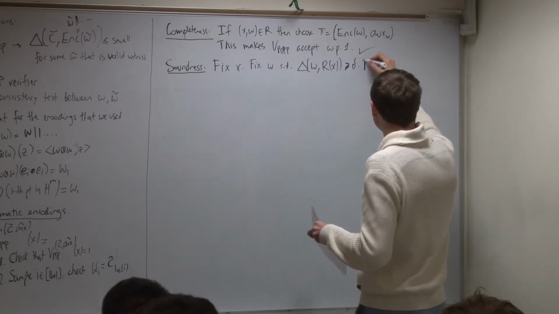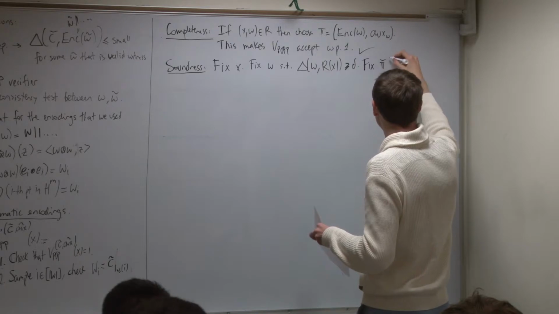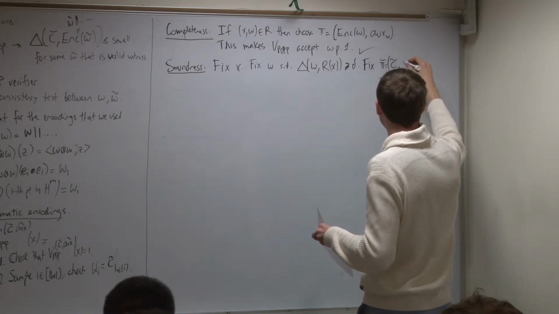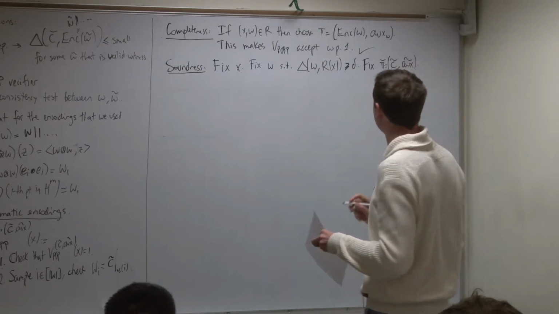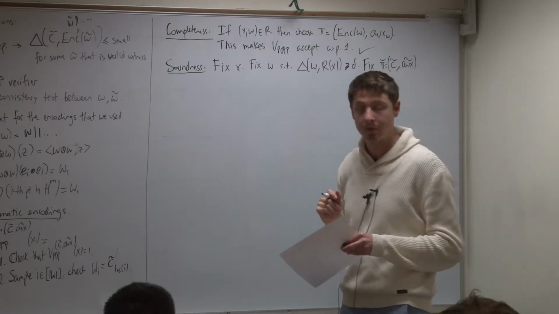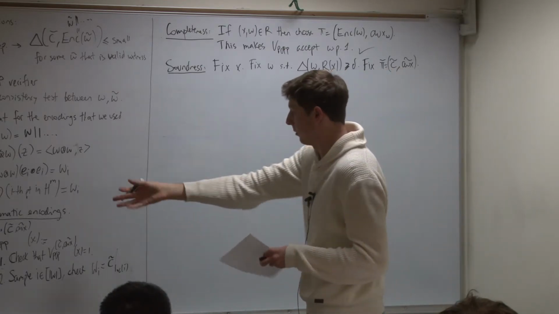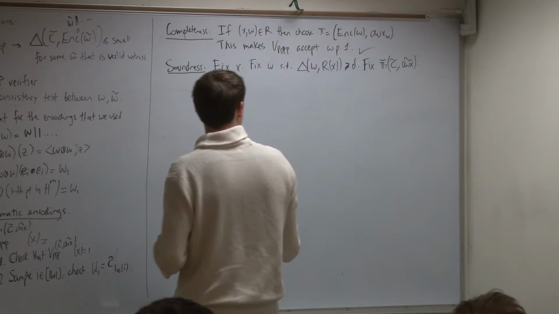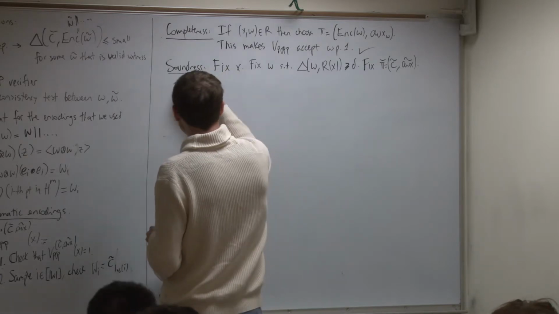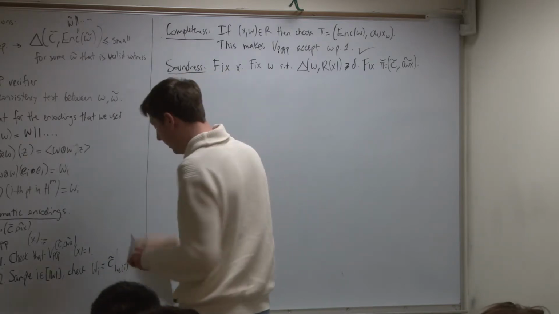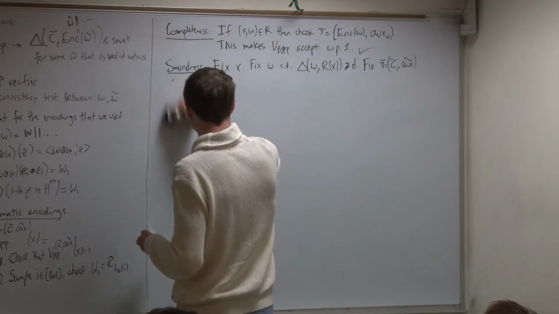We're also going to fix a particular proof that is given to us. It's going to look like C tilde and aux tilde, because those are the kind of proofs we consider. All right, so there are two cases to analyze.